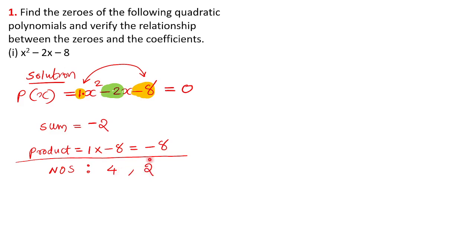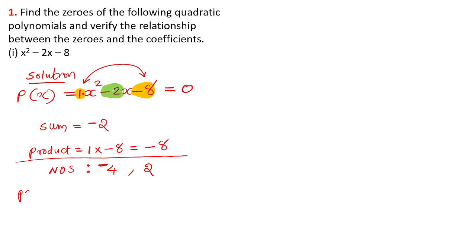Which number must be negative? This number must be negative, because if you add them, you will get minus 2. So you have to guess the two numbers so that the product is this number and the sum is this number. Minus 4 and 2. Clear? If you have any doubt, you can repeat this video.